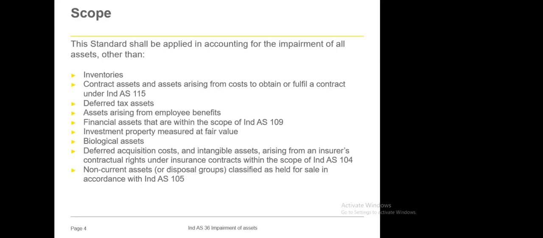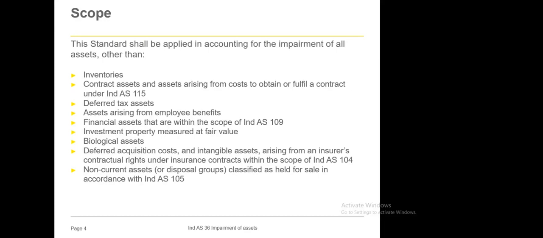Investment property measured at fair value, because it is covered in a different accounting standard. Biological asset, deferred acquisition cost, and intangible assets arising from an insurer's contractual rights under insurance contracts are covered under the scope of Ind AS 104. And non-current assets which are covered under Ind AS 105.